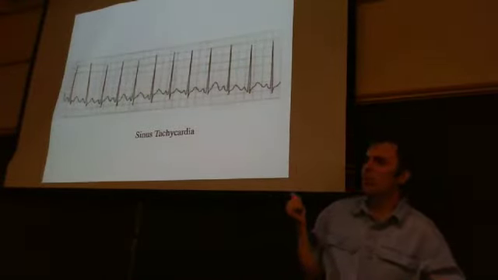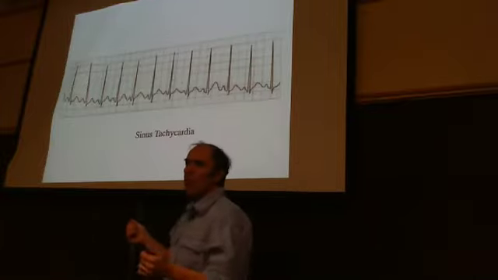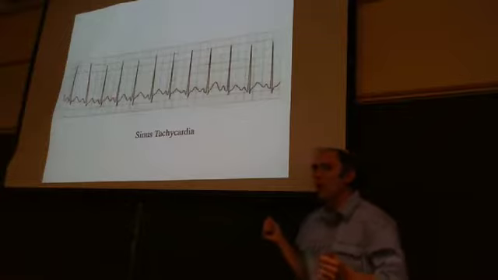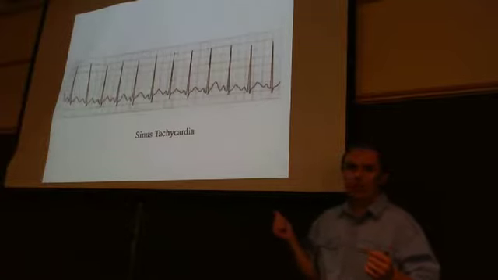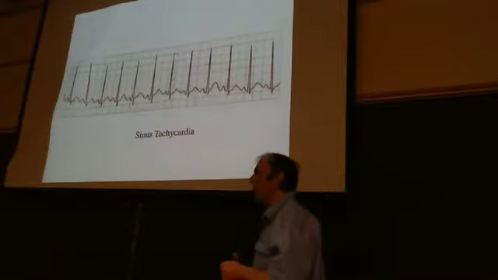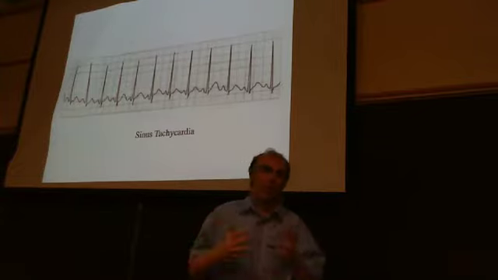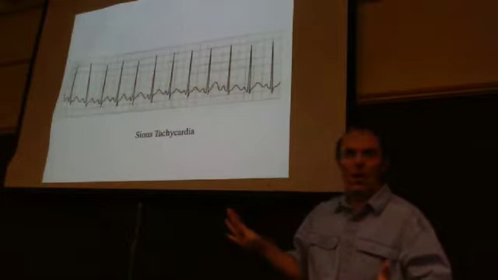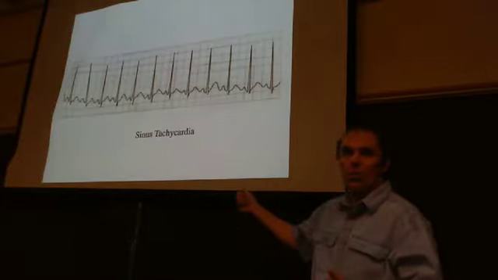Now, how do you treat people with either sinus bradycardia or sinus tachycardia? Especially for tachycardia, one thing you can do is give them drugs. We're not going to go into the whole drug business, but there are drugs which will basically slow down the heart, and that would be the first thing you'd do for this person.